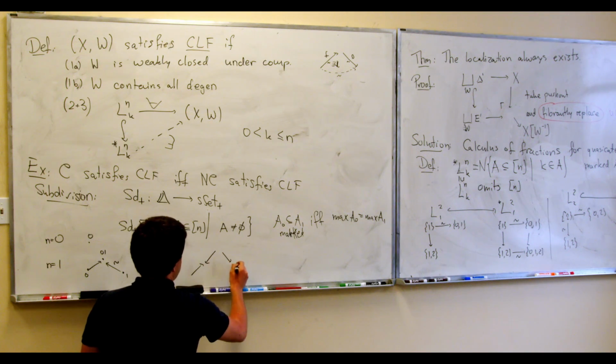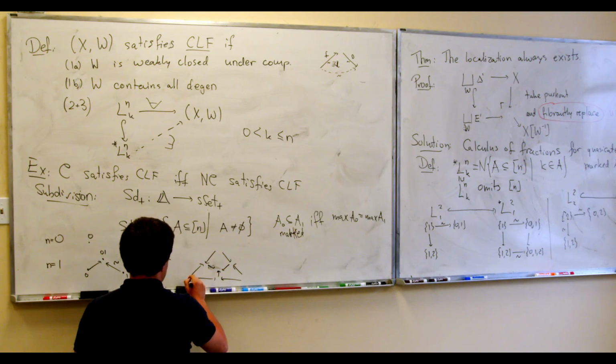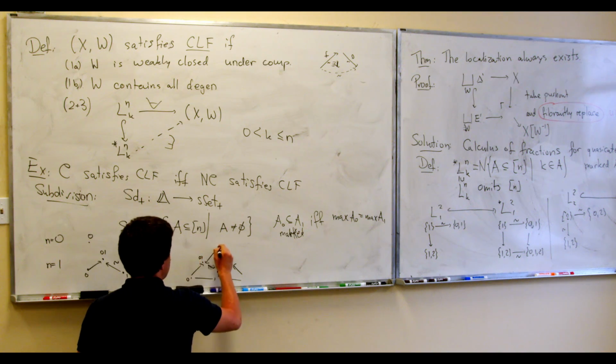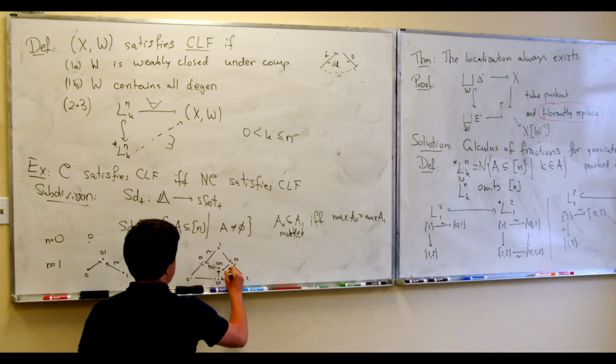And then n equal to 2 will give me a picture that looks like this. Oh, sorry, this has to go to the center. So this is 0, 0 1, 1, 1 2, 2, 0 1 2, 0 2, and equivalences go like this, given by max.